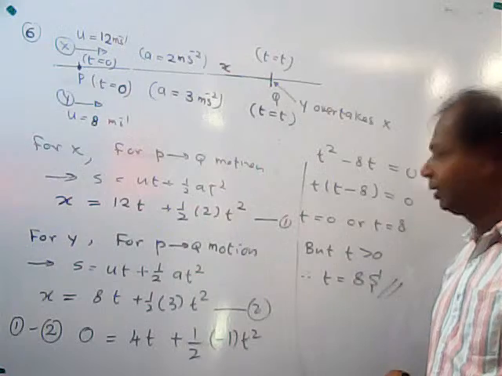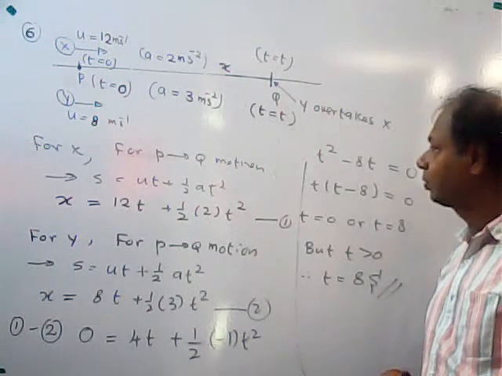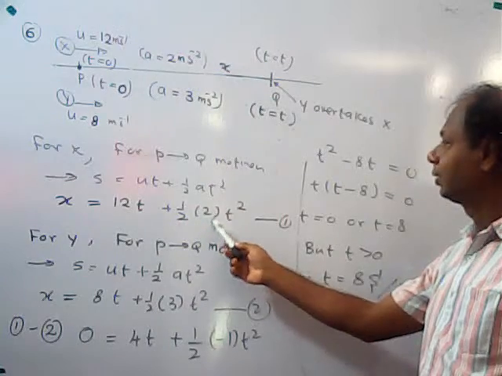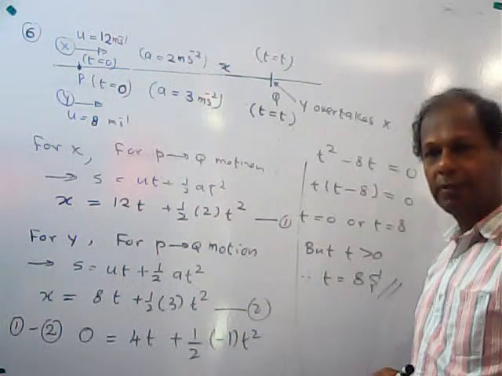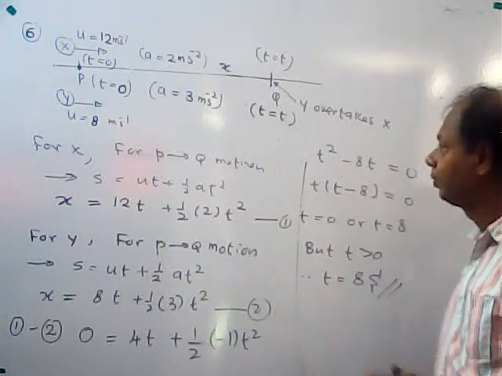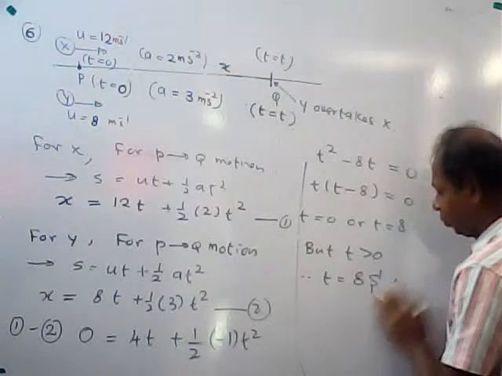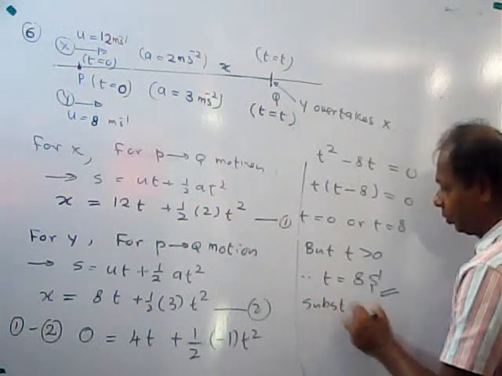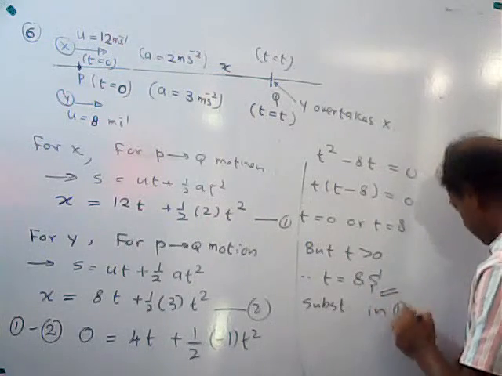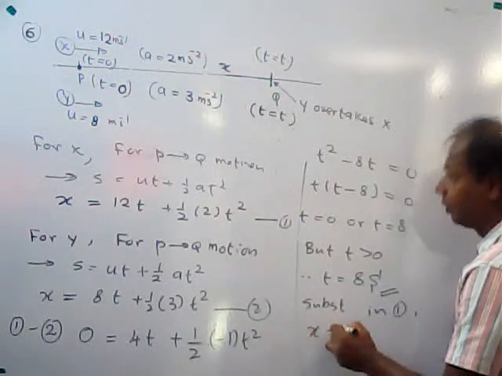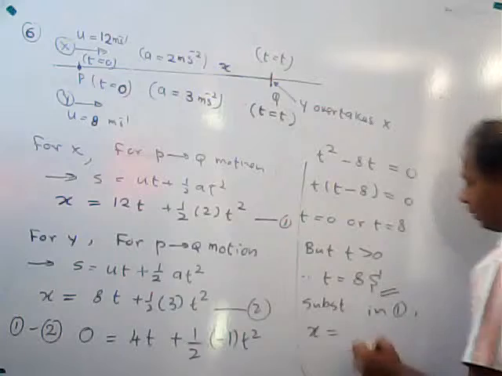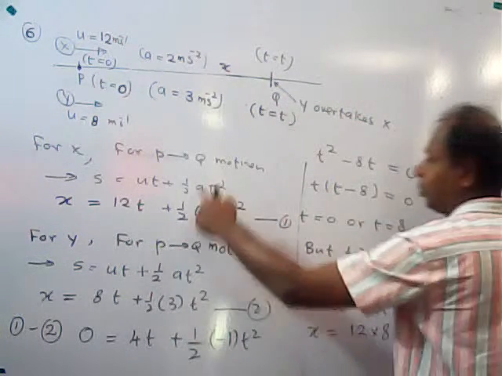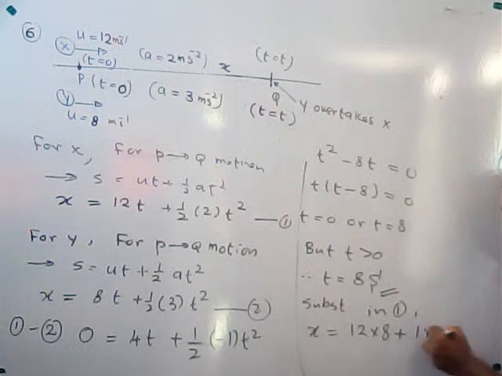We found the time t, then we need to find the distance also, x. So let's apply t here to find the distance travelled. Let's apply it in 1. Substitute in 1, you get x equals 12 into 8 plus, 2 and 2 cancel, 1 into 8 squared.